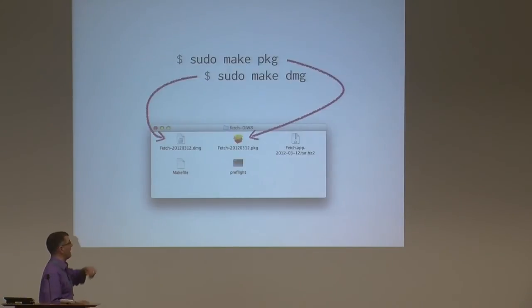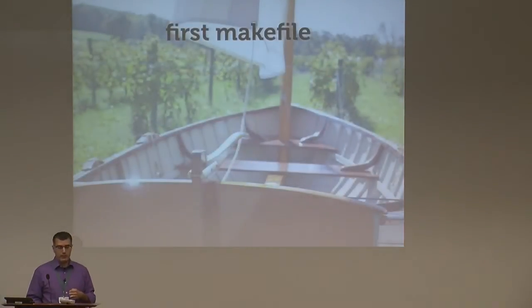We'd end up with a .pkg file. If we ran sudo make dmg ourselves, which we'll see later, we'll get fetch with a package wrapped in a disk image. So it can actually help automate that process. There's 2 steps in one. If I double click on that image, there would be a package in there. So we've now made our first makefile with app-to-luggage.rb.